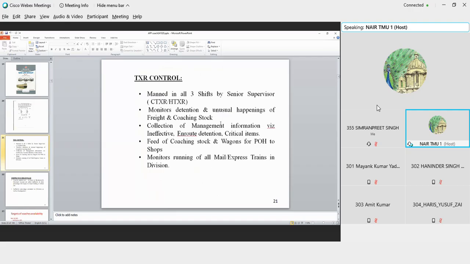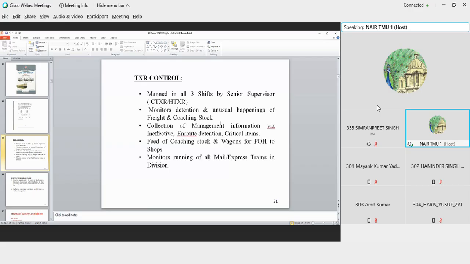Now, this movement in the control office, the person who is responsible for controlling the movement of the coaches and wagons is called the TXR control or the train examiner control. These are basically supervisors or JEs who have been drawn from the field, who are doing primary maintenance and secondary maintenance, and they are placed in the control office to monitor the movements of the rakes.